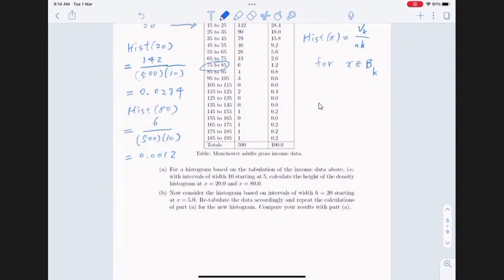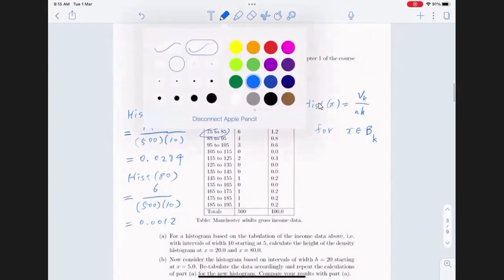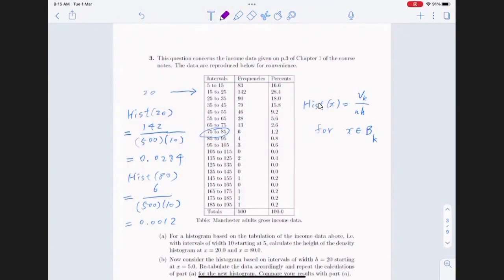Now, let's move to part B. Part B says we consider the histogram based on intervals of width 20. That means we are combining the intervals together. We combine these two intervals from 5 to 25 because we are defining the interval with width 20.